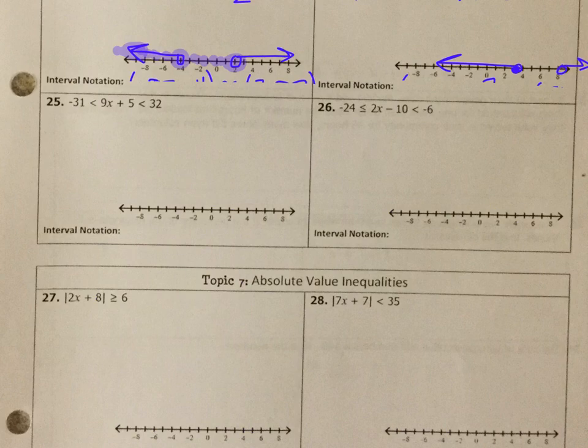Okay, this is an and because it is all shoved together. So the first thing I have to do is break it into 2 problems. Negative 31 less than 9x plus 5. That's my first problem. My second problem will be 5x plus 5 less than 32.